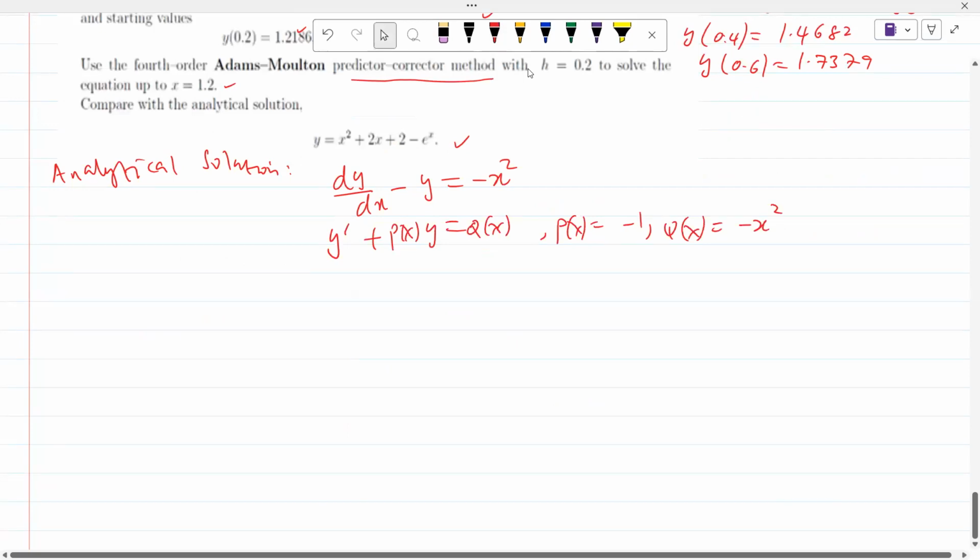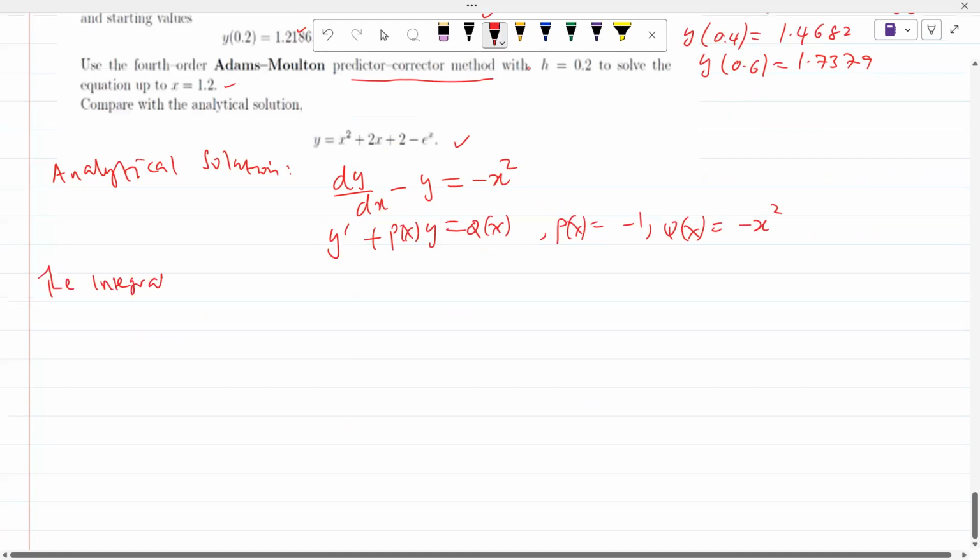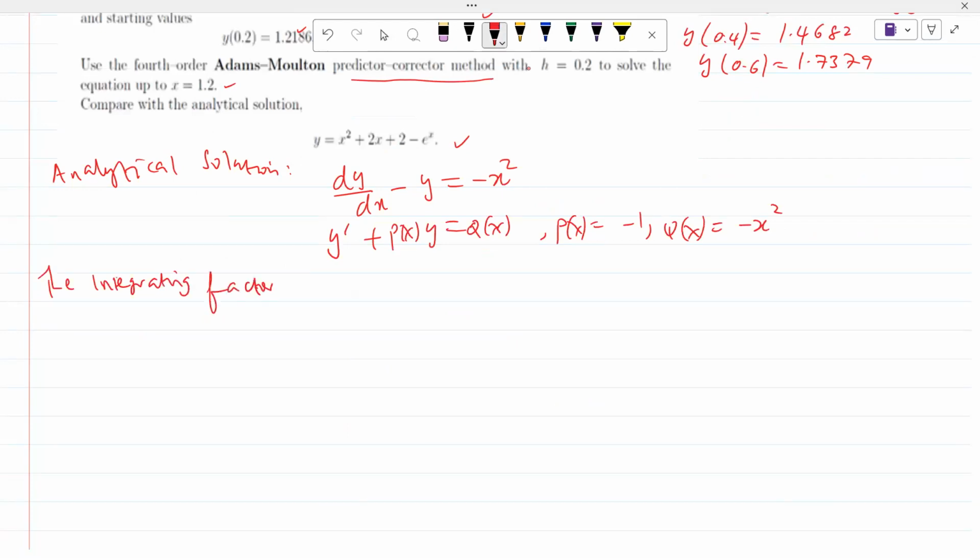Now the integrating factor. There's something called the integrating factor. So we just recap on that one.